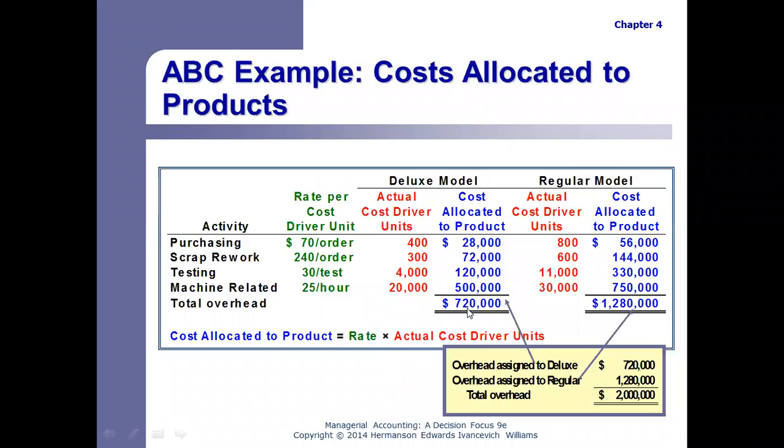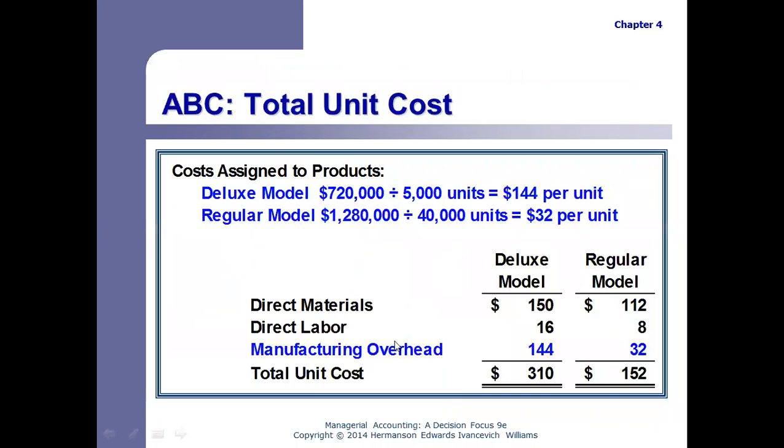Okay, so now that we've figured out the total cost for each of the two products, we can then divide the total cost by the number of units of each of those products that were made, and we have our cost of overhead per unit. So now we add up our direct materials. Again, these are assigned directly to the models.